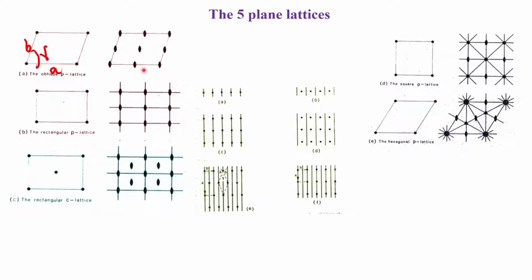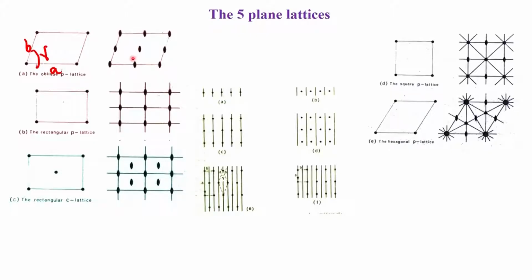This is a criterion which we have to considerably worry about, because when we have objects which have symmetry associated with an oblique P lattice, it will invariably possess this feature. So, an atom which is up here will have to appear at this point, and these two now define the two equivalent points associated with the oblique P lattice.